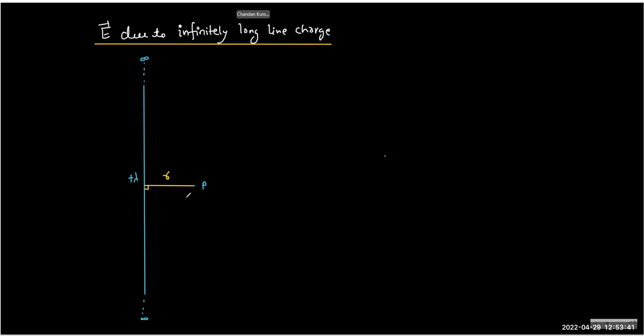Yes. So we must draw a cylinder which passes through the point P and is concentric with the line charge, right? You can draw a cylinder of any length, it doesn't matter, but we have to draw a concentric cylinder, which is a closed Gaussian surface.